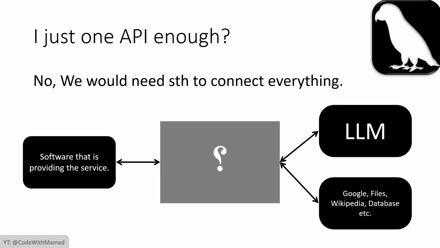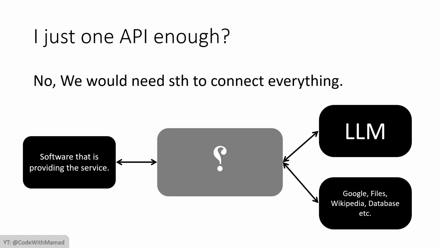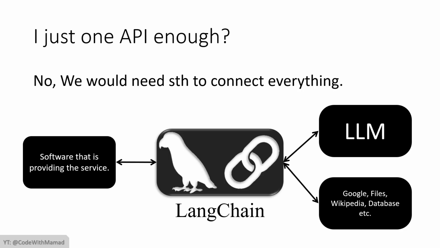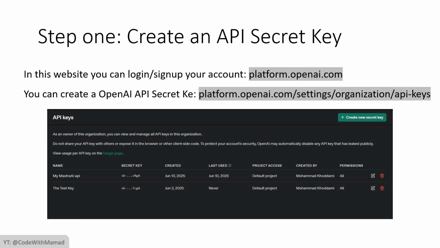API gives us some access to the LLM, but for the access to Google files, Wikipedia, or any sort of database or sources outside of it, we're gonna need tools. So how we get that? Using LangChain. And combining these are gonna give us a software or some solution to provide services.